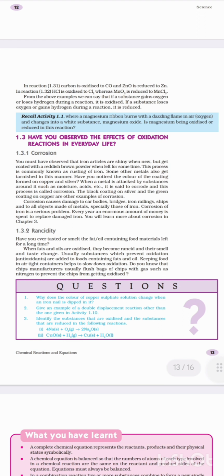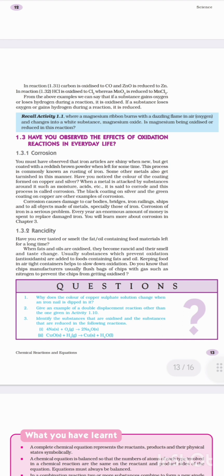Now, rancidity. Rancidity is also an example of oxidation. It happens when food is kept for a longer time. When fats and oils are oxidized, they become rancid, that is, their taste or smell gets changed. Usually, substances which prevent oxidation are added to foods containing fats and oils.